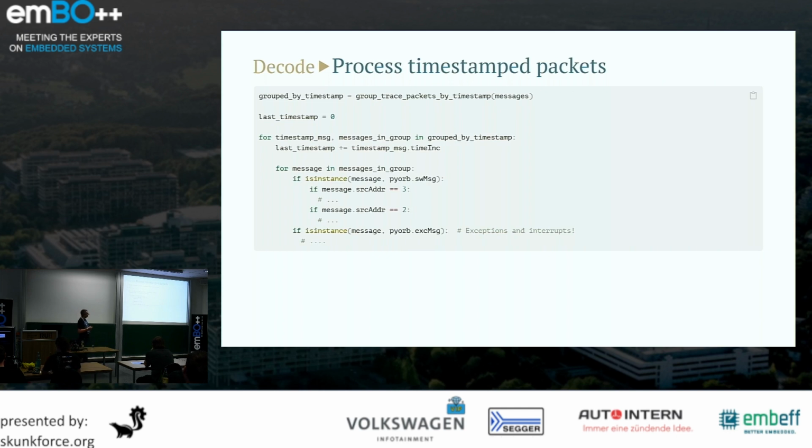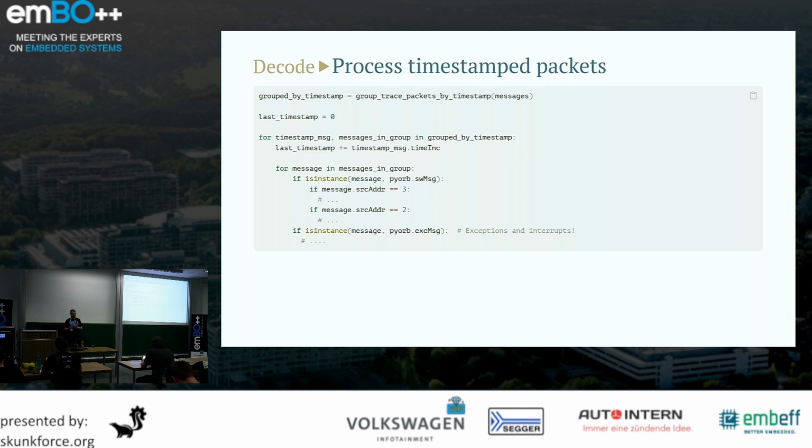With timestamps in place, we can do the actual decoding. So we go through each timestamp group, go through each hopefully single message in each group, and we check if it's the software message, then we proceed with the wire format. If we are receiving the exception message, that is the automated message the MCU sends to us.